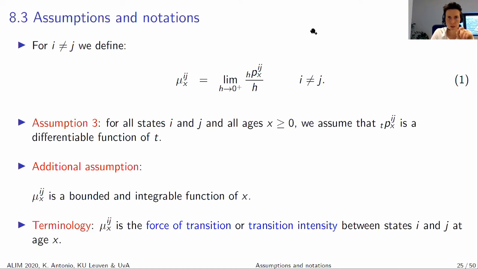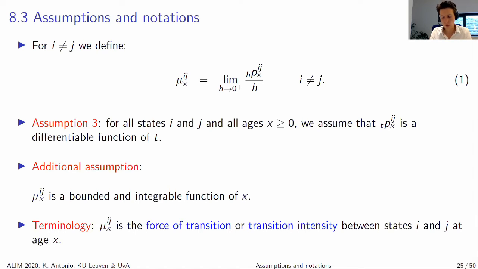An extra point is then, of course, what is the force of transition? That's the mu xij, because now you also have to specify what kind of transition you are making from state I to state j. We define it as the probability that you make this transition between x and x plus h divided by the length of the considered time interval, in this case h, and we then take the limit as this time length goes to 0.